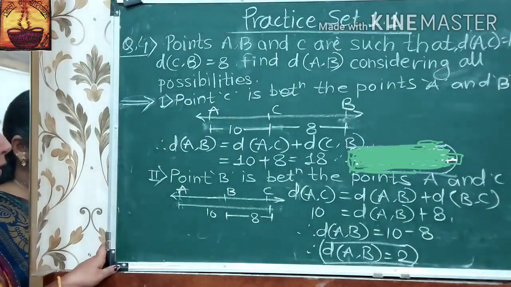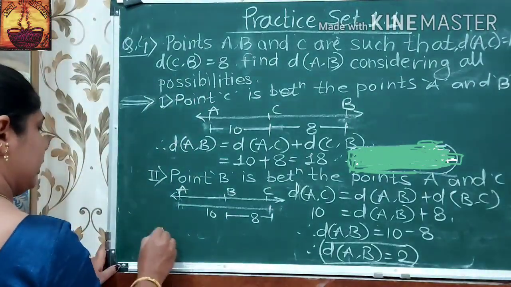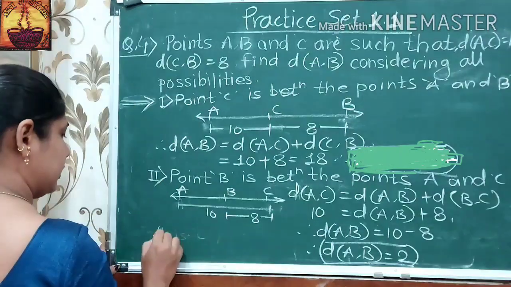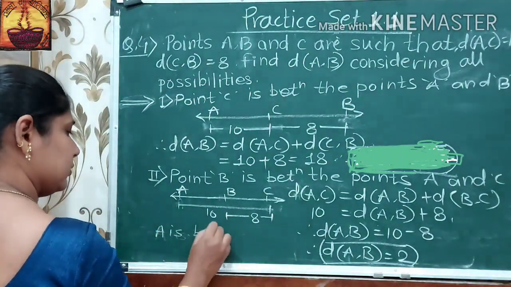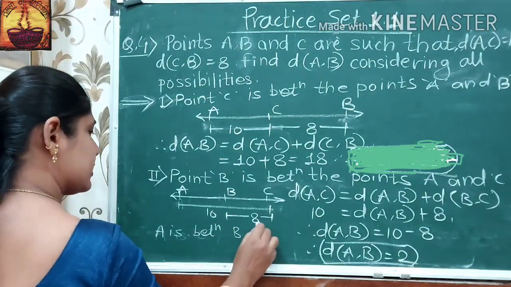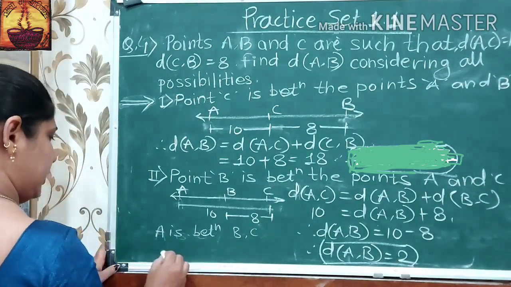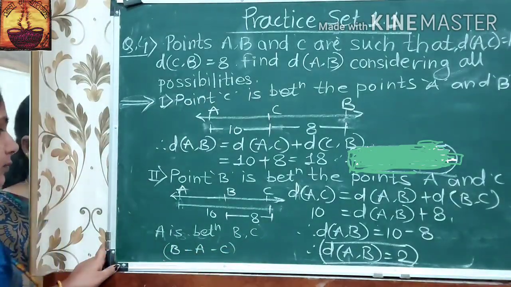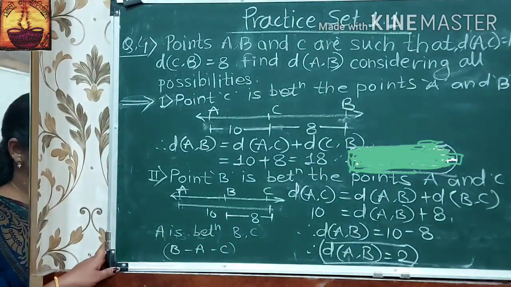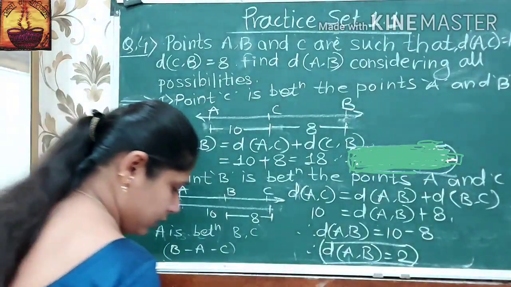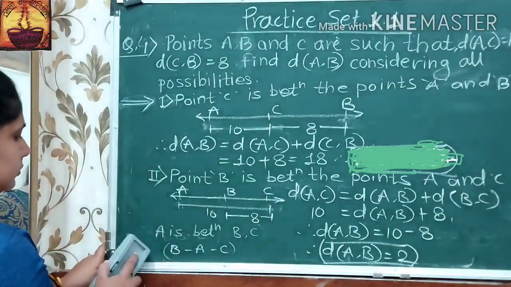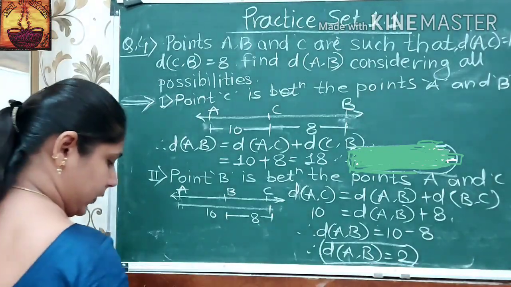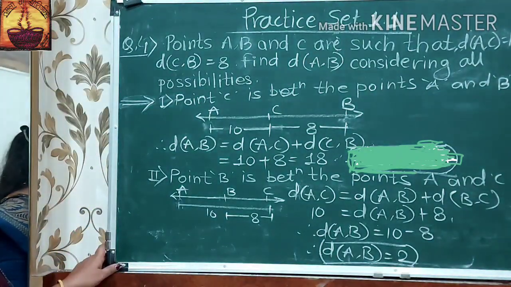If we consider the third possibility, point A is between B and C, it means B-A-C. If it is a betweenness, it is not valid, and we cannot find the distance AB in this possibility.